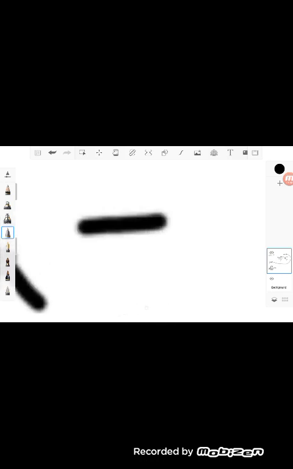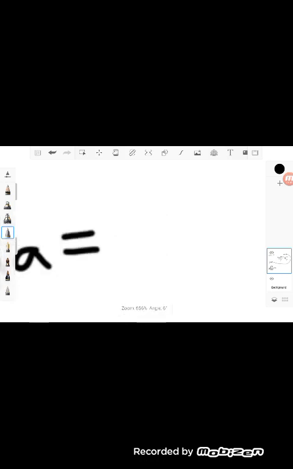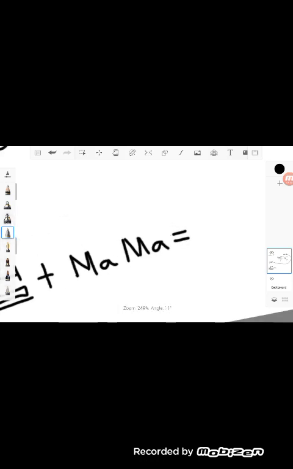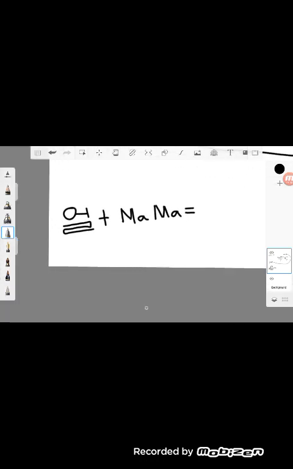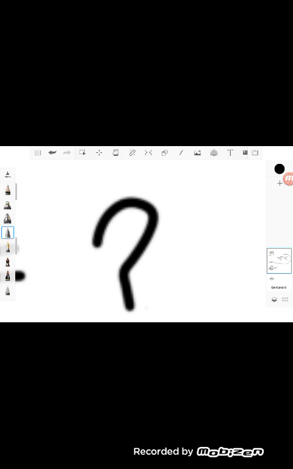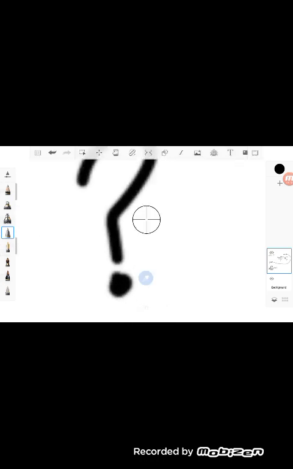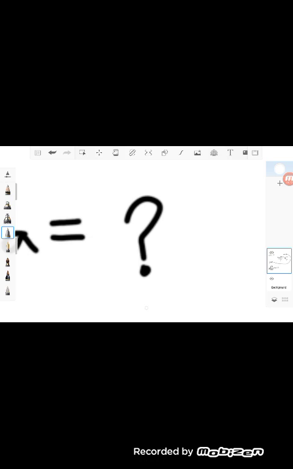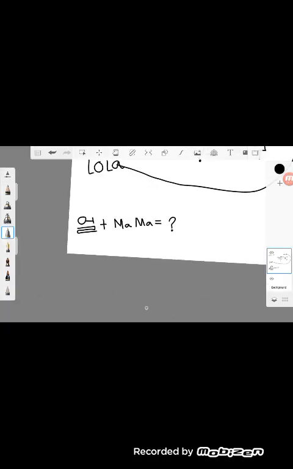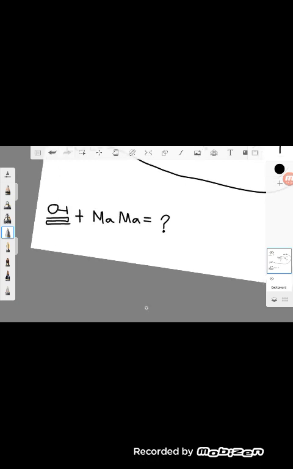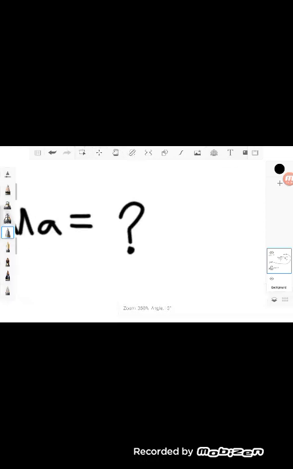So when I put the equals in it, the equal is gu plus mama equals, what is the question? What is the question, guys? What's the question? What did you say? It's gulko? You are right, it's gulko.